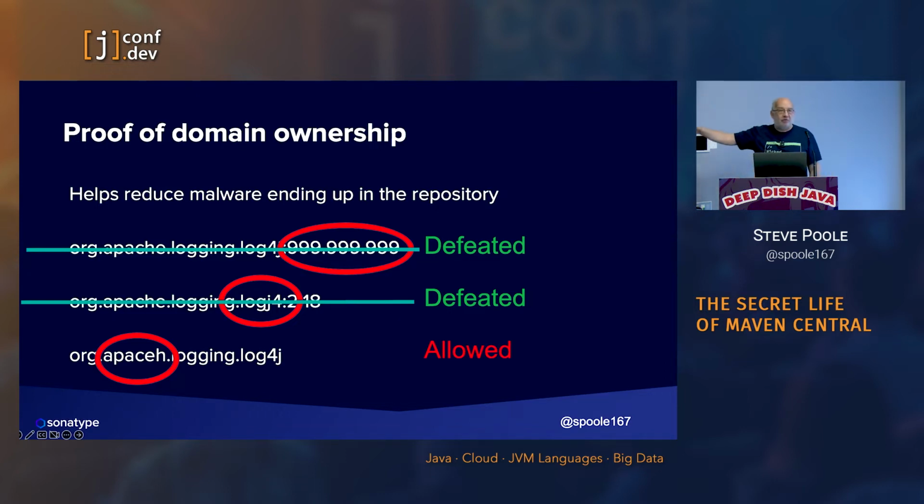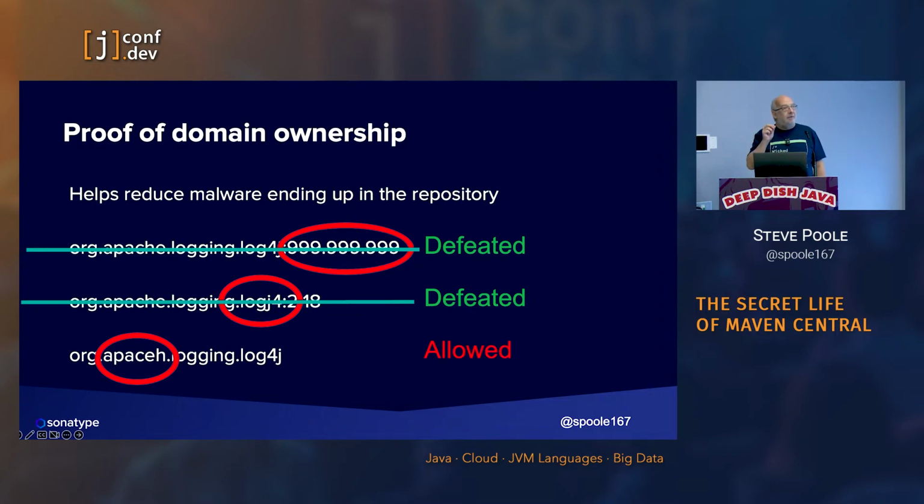So it doesn't matter what else you're trying to do. If you don't have that, you can't do that. And ditto, if you try to publish something in org.apache.logging.logj4, you still have to prove that you own the main domain, so that would fail. But if unfortunately you made a typo and it was in the domain space, then you can't be protected against that. Somebody could go out there and register that.